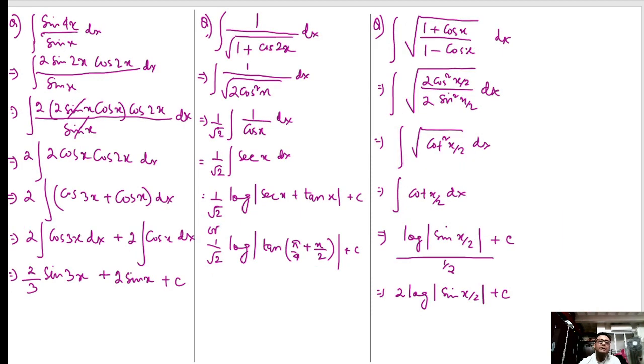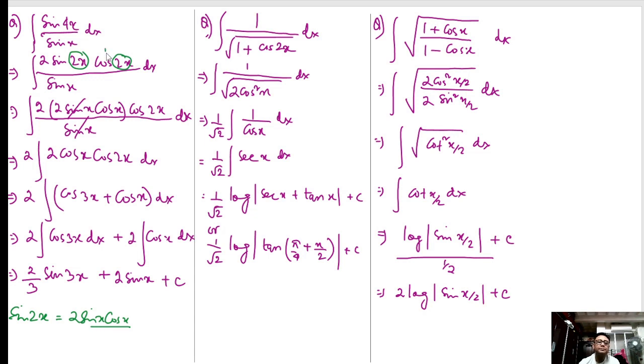So the next sum says integration of sine 4x by sine x. Sine 4x, how I am writing 2 sine 2x cos 2x, because sine 2x is 2 sine x cos x. So sine 4x will be 2 sine 2x cos 2x.